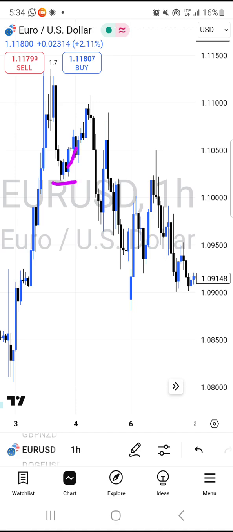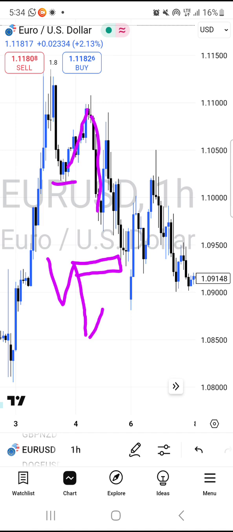So this market went up, then broke that structure. Remember what I told you guys? When the market starts moving down like this, when the market starts breaking lows, what will you do? You mark the candle there that caused that break of a low.